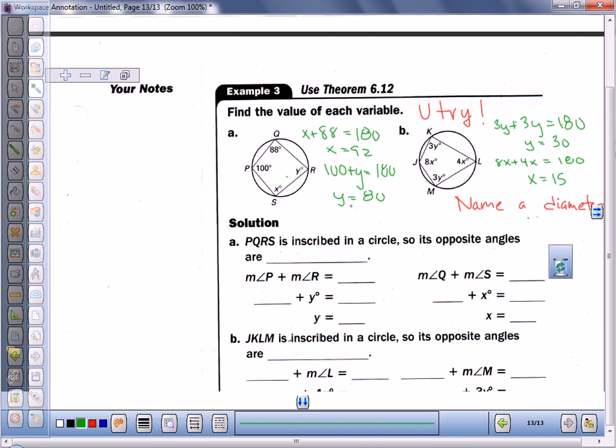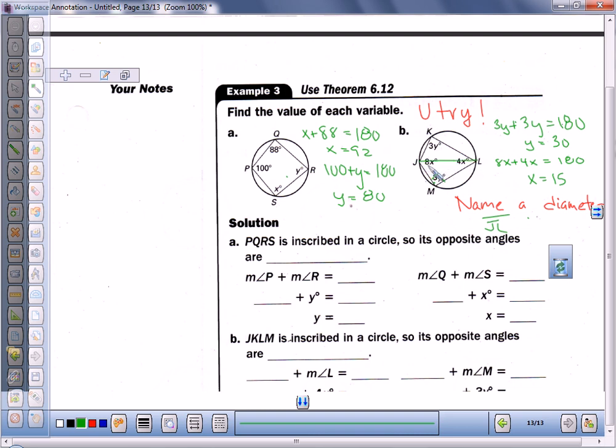Why is JL? You are correct, but why is JL a diameter? Because what kind of angle is this? 90 degrees. So that intercepted arc has to be twice that, has to be the diameter.